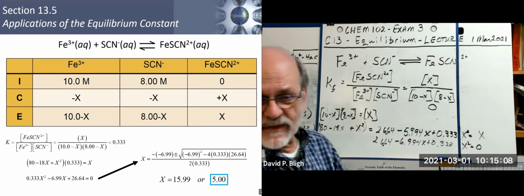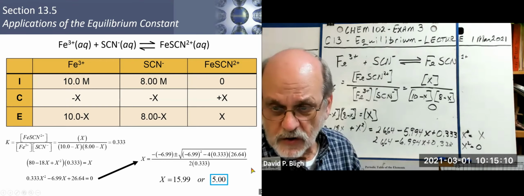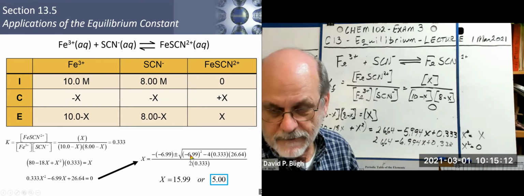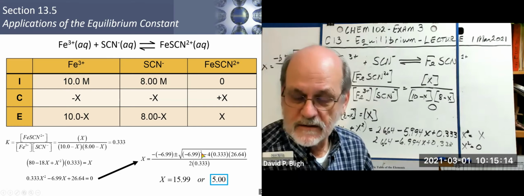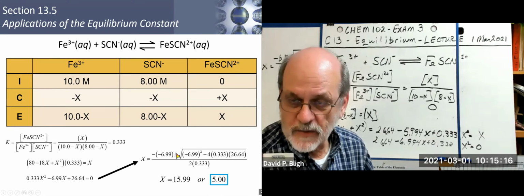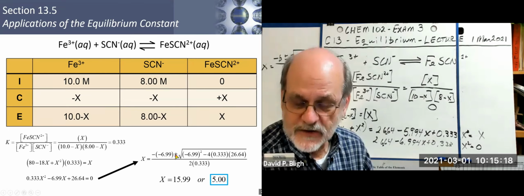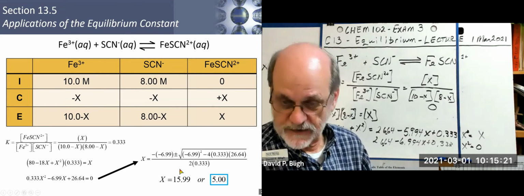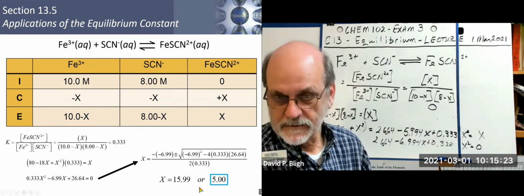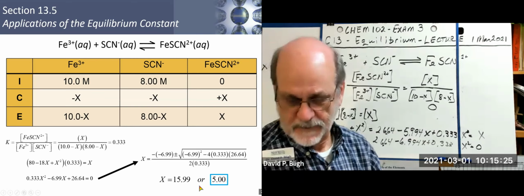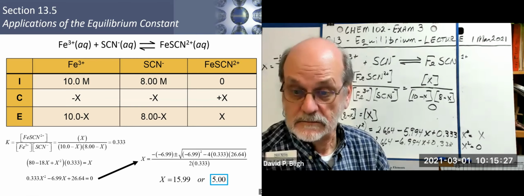Okay, so if we plug them into the quadratic equation, this is what it looks like. Right? Then if you solve it for the plus term here, and then solve it for the minus term, you get this versus that.